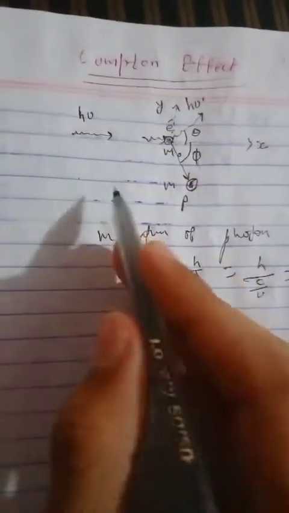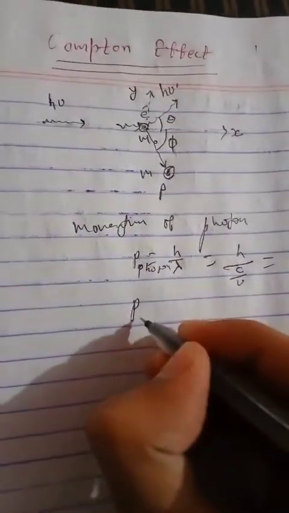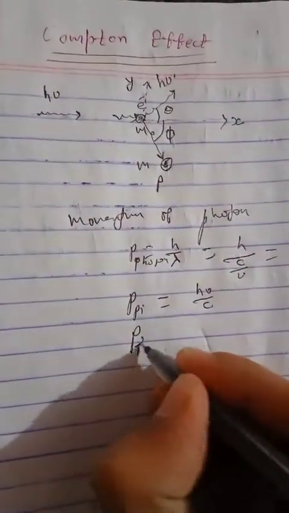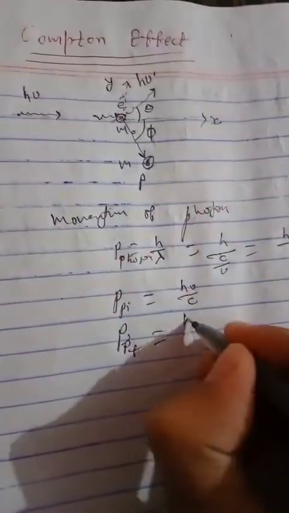If you want to know the momentum of the photon, h by lambda can be written as h nu by c, since lambda is c by nu. So the initial momentum of the photon, let's call it p_pi, where p stands for photon and i for initial, is h nu by c because its initial frequency is nu, and the final momentum of the photon will be, since it has frequency nu prime, h nu prime upon c.